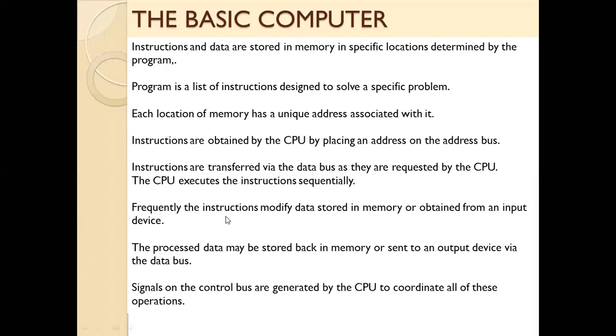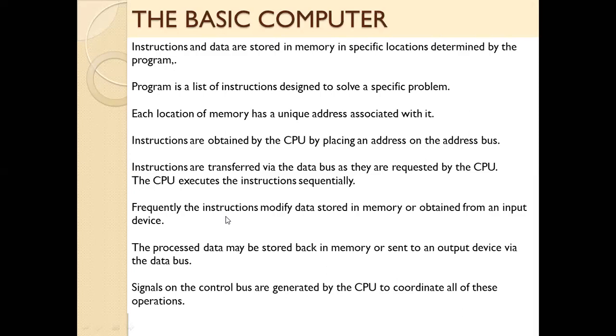Instructions are obtained by the central processing unit by placing an address on the address bus. Suppose you have memory, and inside the memory you kept a few instructions, or you keep a program.